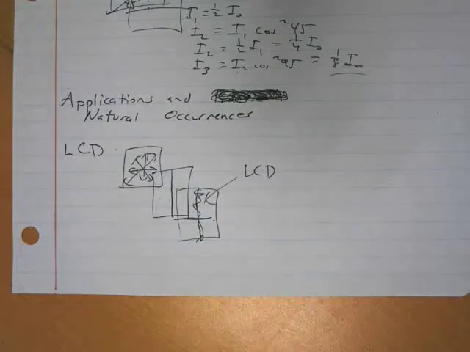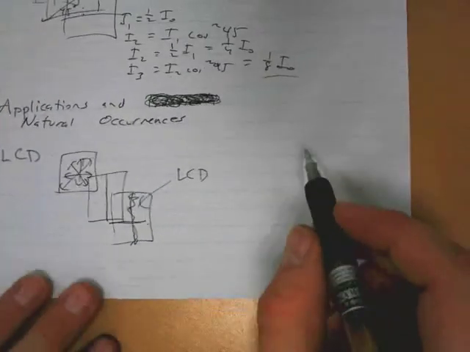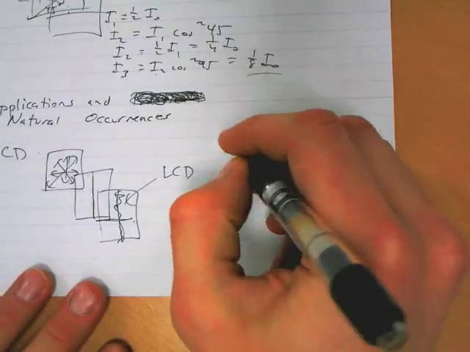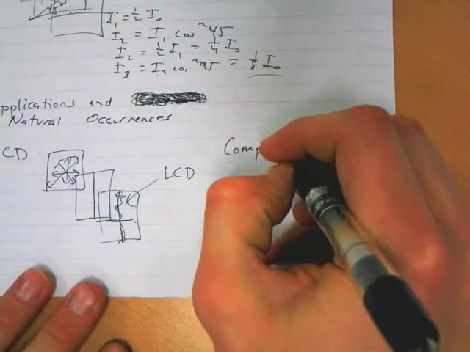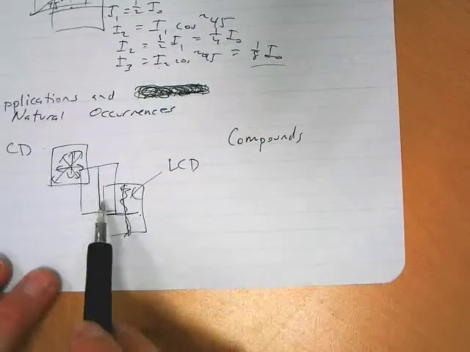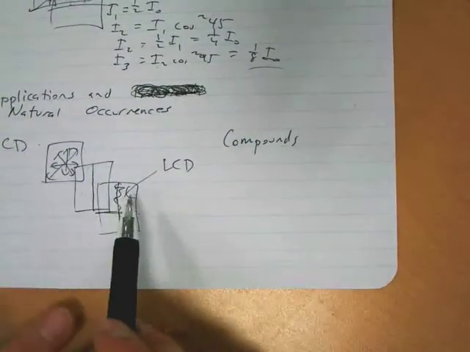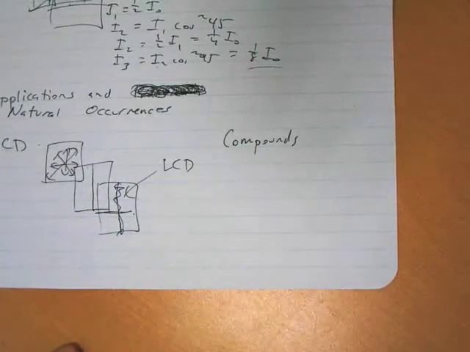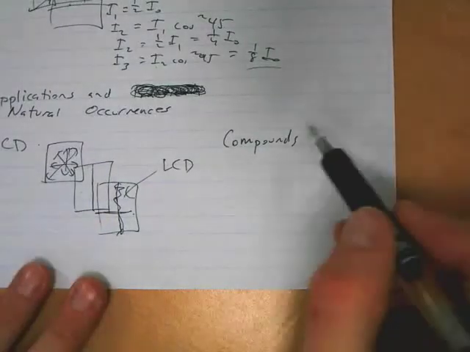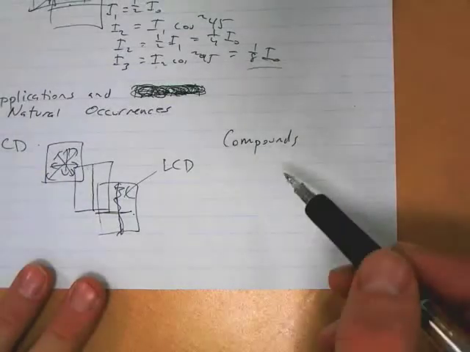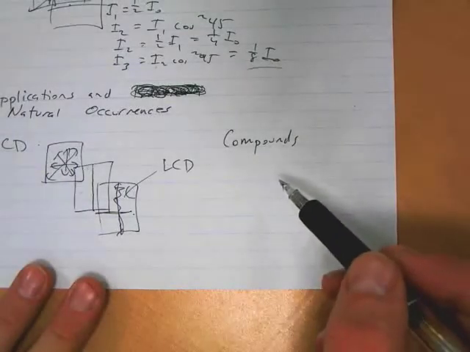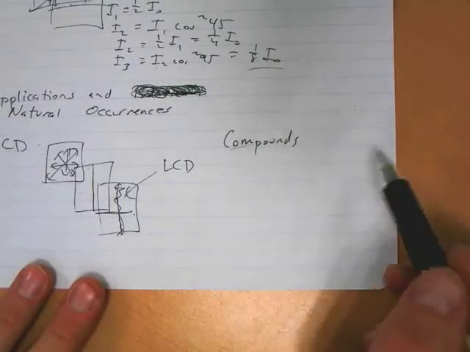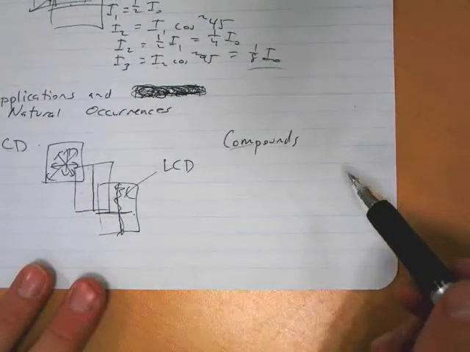Another use of this is in chemistry. Certain compounds do something kind of similar to the LCDs in that when light is fired through them, certain compounds tend to cause that light to be polarized.